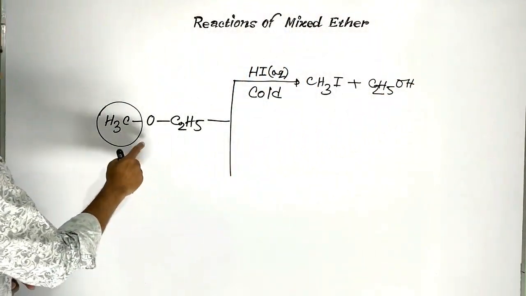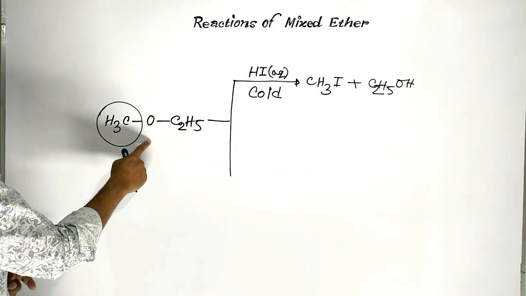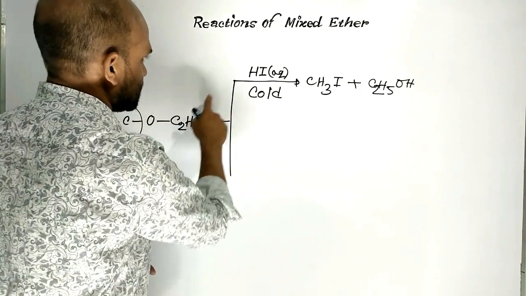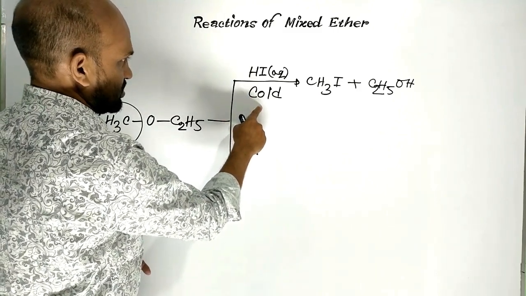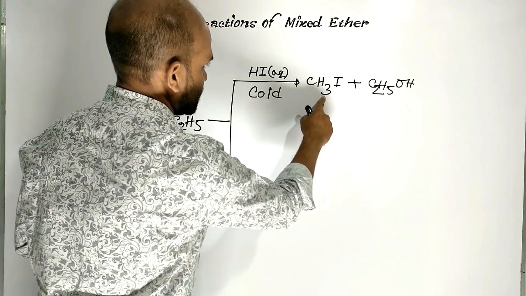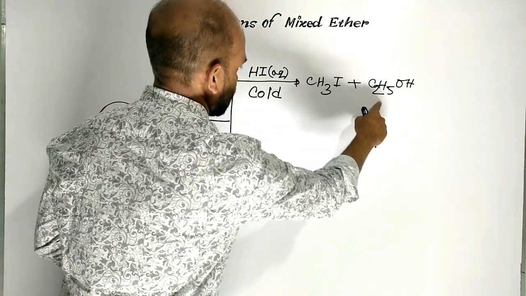So when mixed ether, methoxyethane, is treated with hydroiodic acid in cold condition, then we get methyl iodide and ethanol.